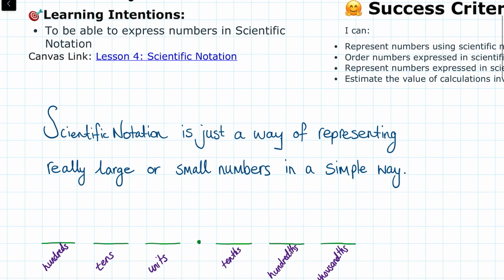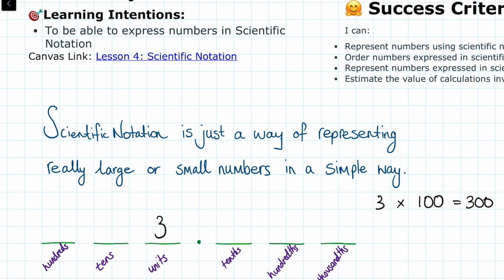So before we start, let's just think about our number system. And let's think about just the number 3. If I multiplied 3 by 100, we would say 3 times 100 is just 300 because we put 2 zeros on it.